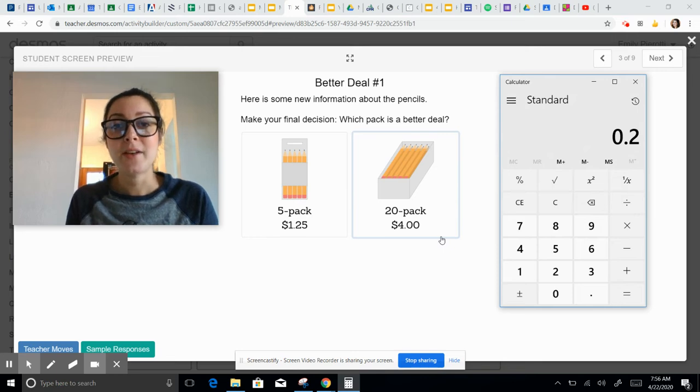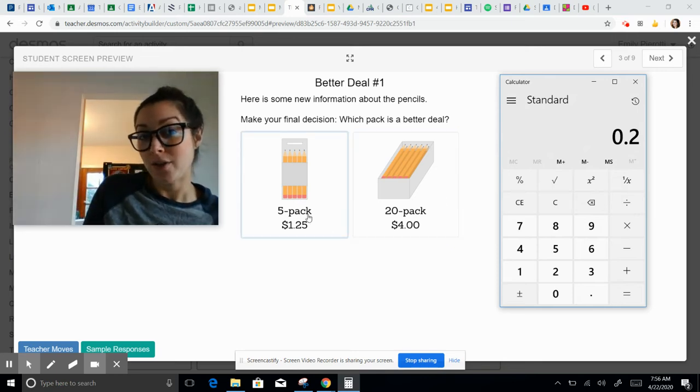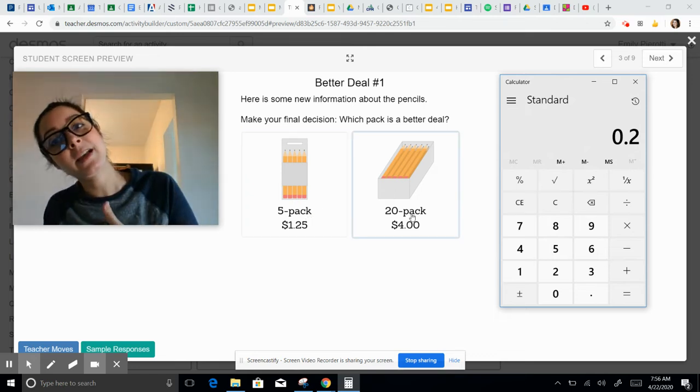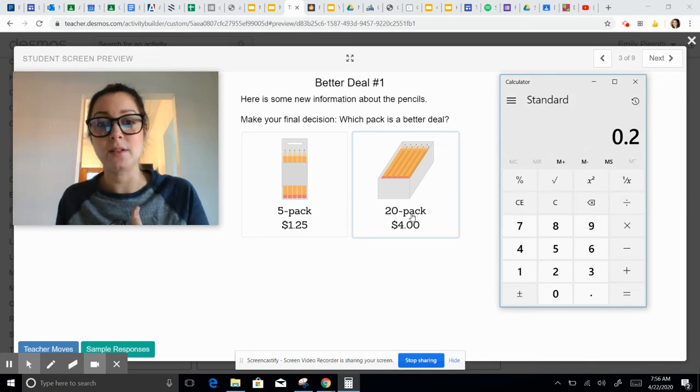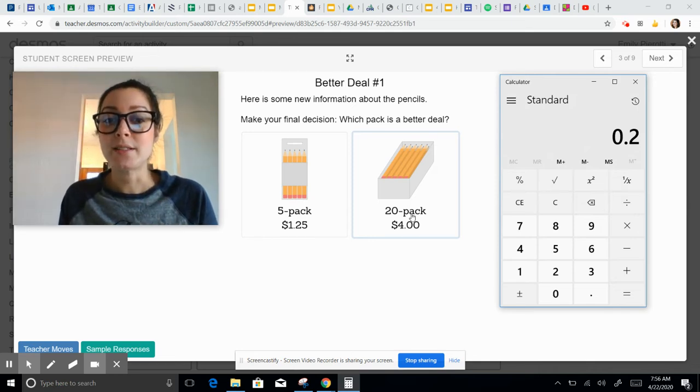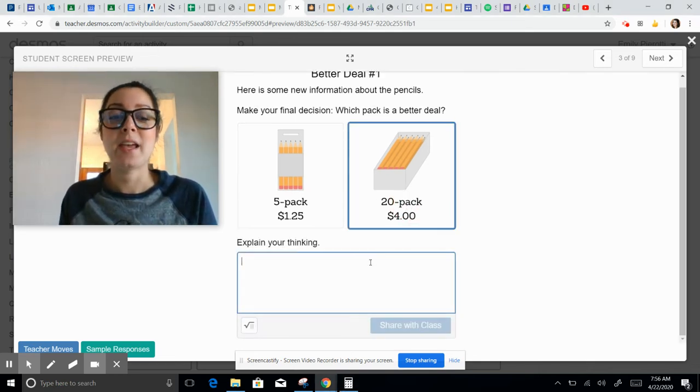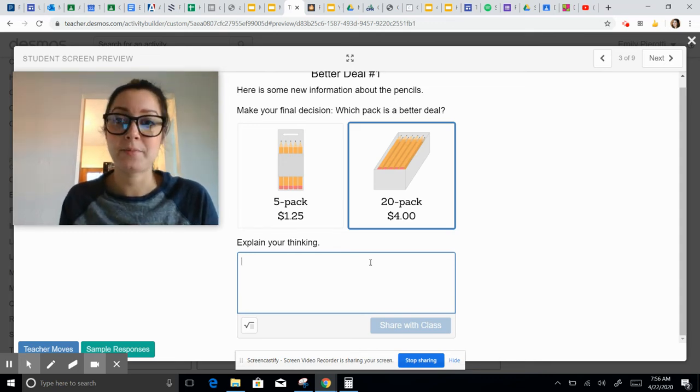So now we have these unit rates that we can compare. In the 5-pack, the unit rate is 25 cents per pencil. In the 20-pack, it's 20 cents per pencil. So in this case, you would want to select the 20-pack and then explain what we just did to get your answer. Okay.